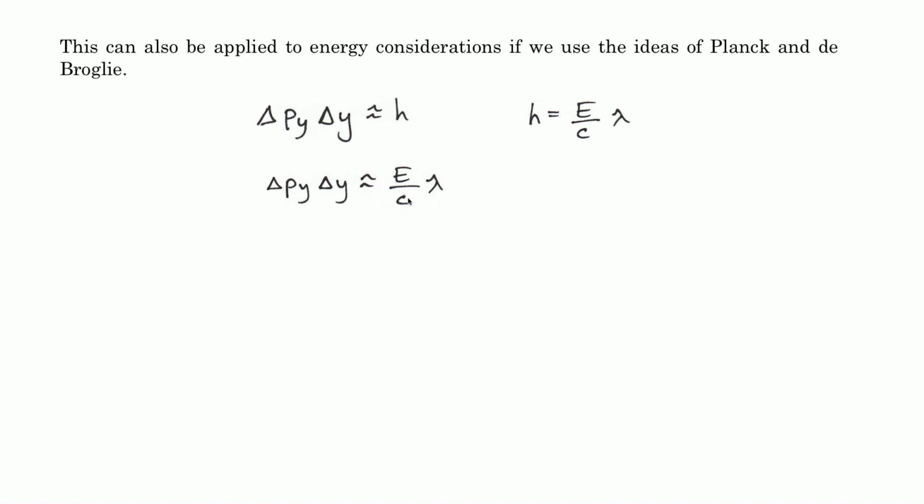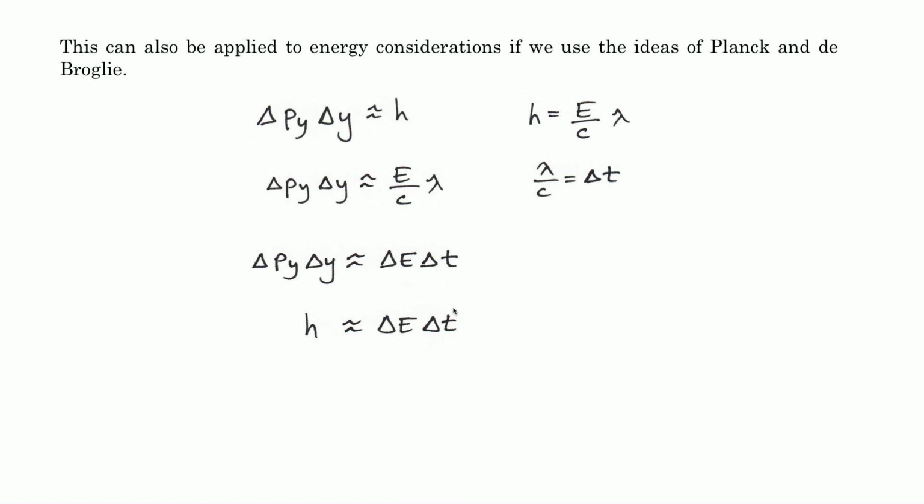Then we can pop this in here. And we know that lambda over c is equal to delta t. Basically, v equals f lambda. Then this is what we get. We get that delta E times delta t is approximately equal to delta p times delta y. And hey, we said initially that that was h.